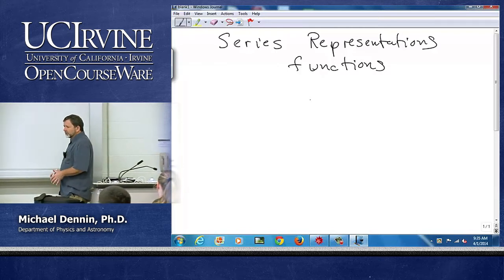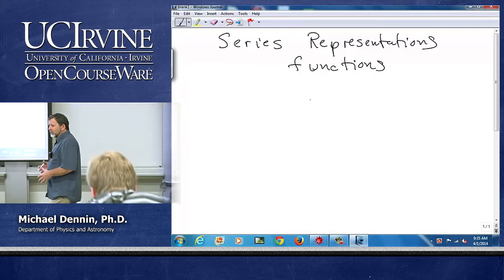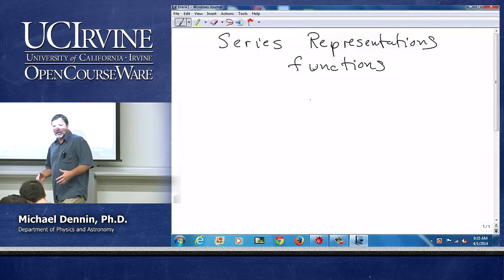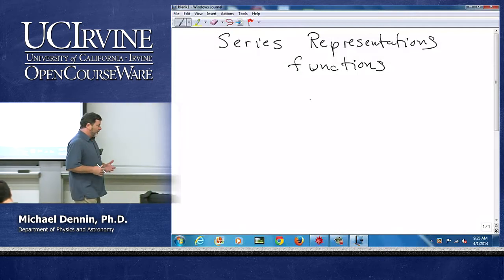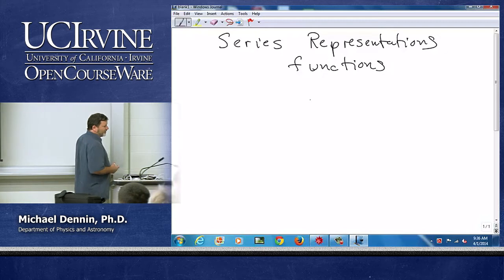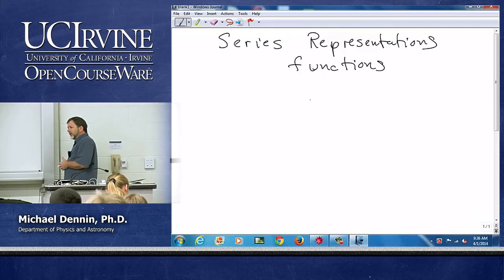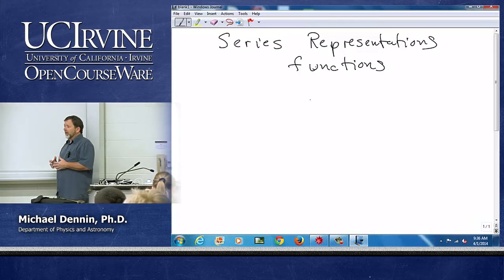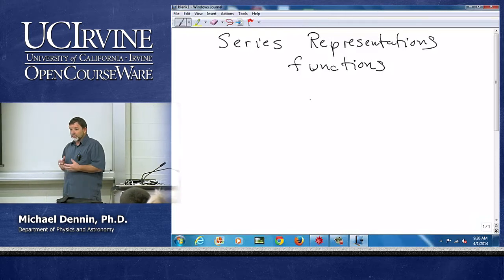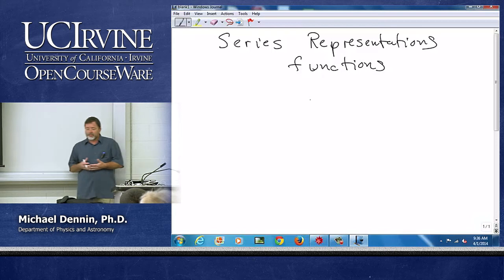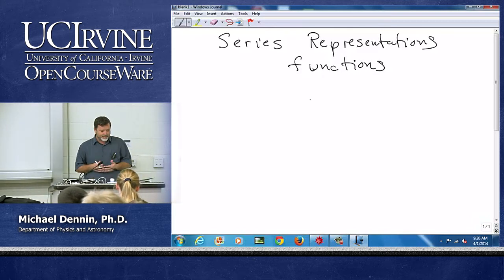And when we're looking at functions, you have had whole courses in math on series, and a lot of what you have done is convergence and various other factors of series. What I want to focus on, in preparation for doing Fourier series and linear vector spaces, is the idea of a series as an expansion and a basis.